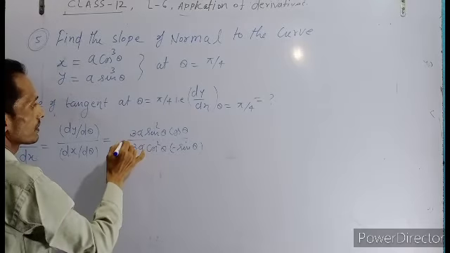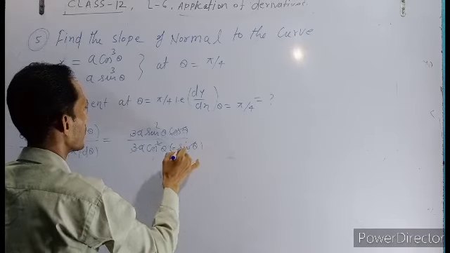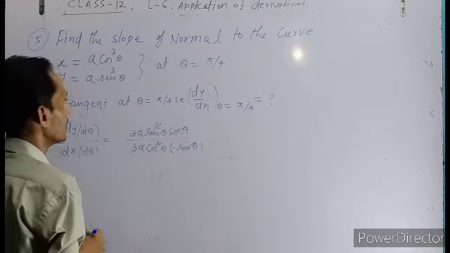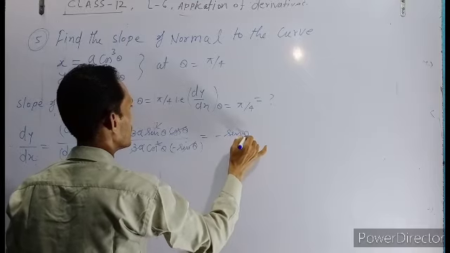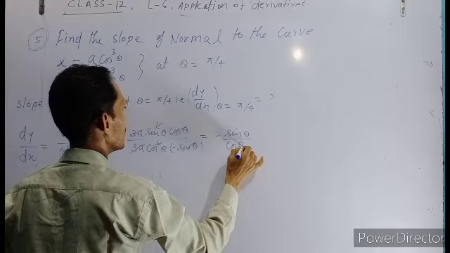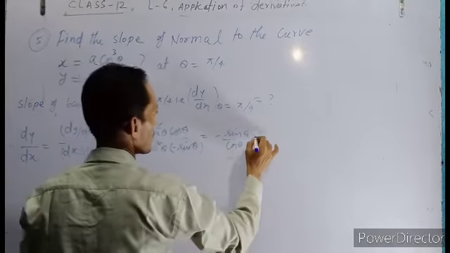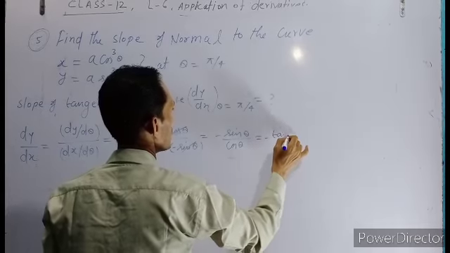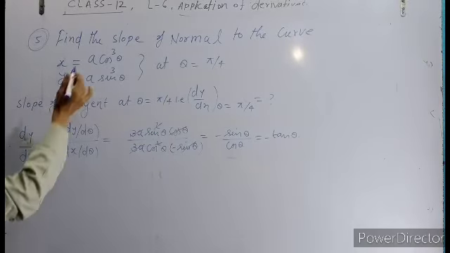Common terms cancel out, so we get minus sin theta upon cos theta, that is minus tan theta. That is the slope of tangent. Now we have to find the slope of normal.